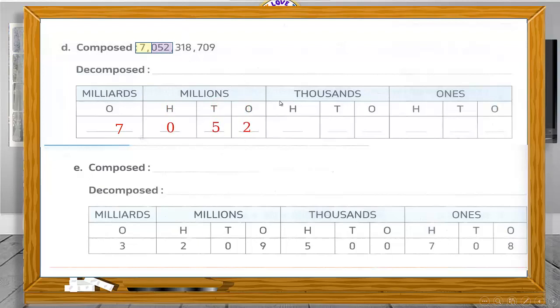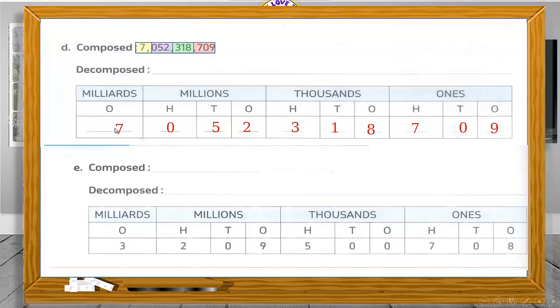Next period, 318: in the 100,000 place write 3, in the 10,000 place write 1, in the 1,000 place write 8. Last period, write 7 in hundreds, 0 in tens, 9 in ones.